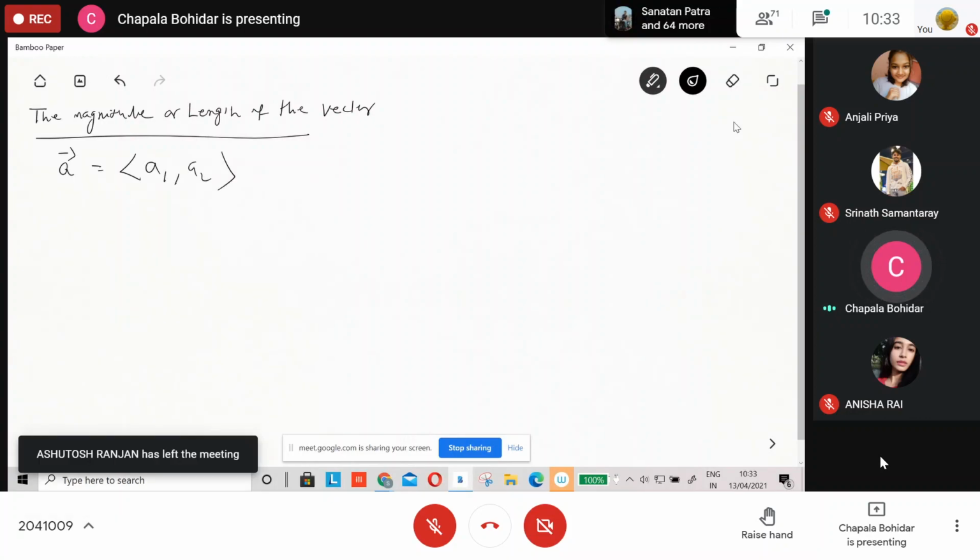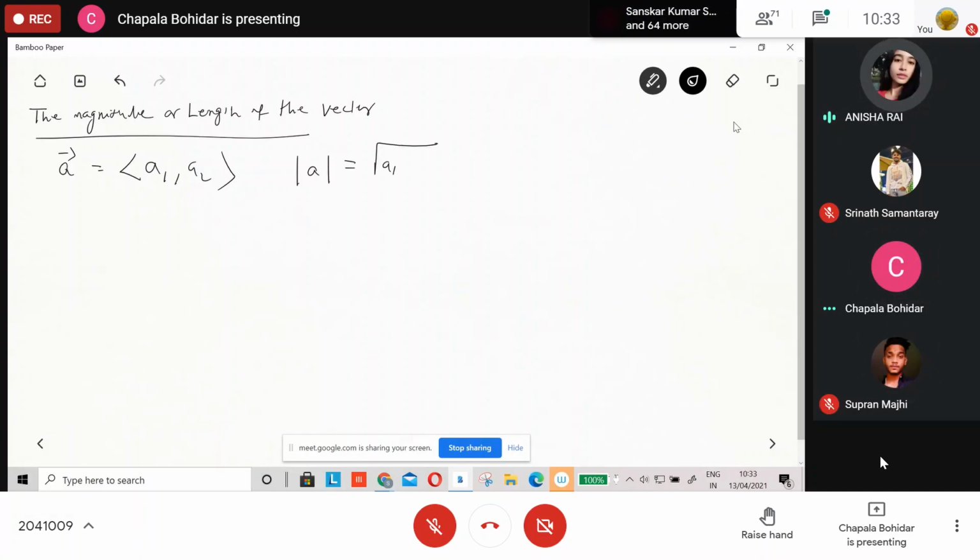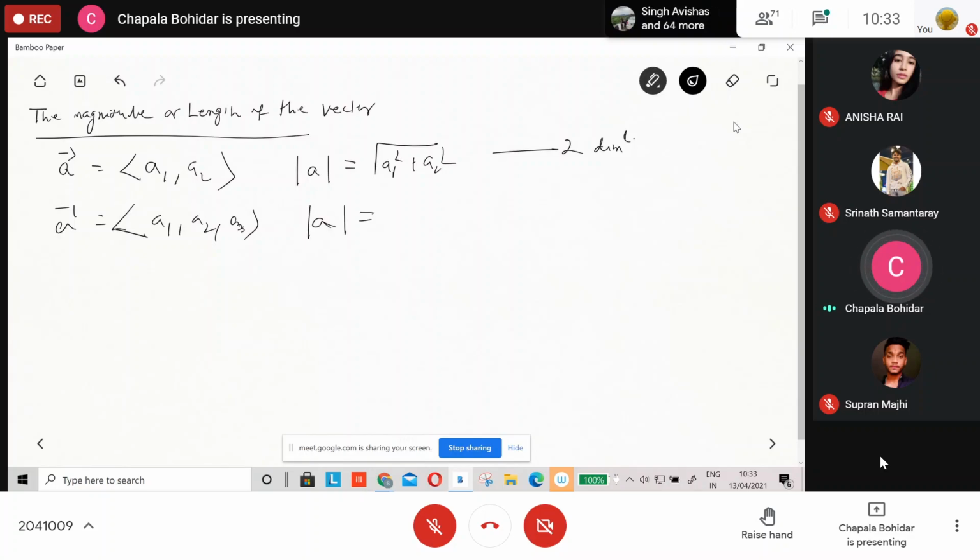What is the magnitude? Under root A1 square plus A2 square. Very good. So it is in two dimensional. And say if it is having three components, A1, A2, A3, so it is under root A1 square plus A2 square plus A3 square. Very good.